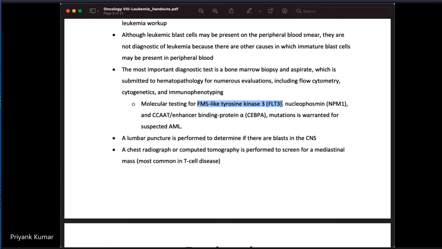What happens in FLT3-associated AML is that FLT3 is present downstream of tyrosine kinase receptors. Mutations in FLT3 constitutively activate the tyrosine kinase receptors, which leads to constant or increased cell growth and proliferation.